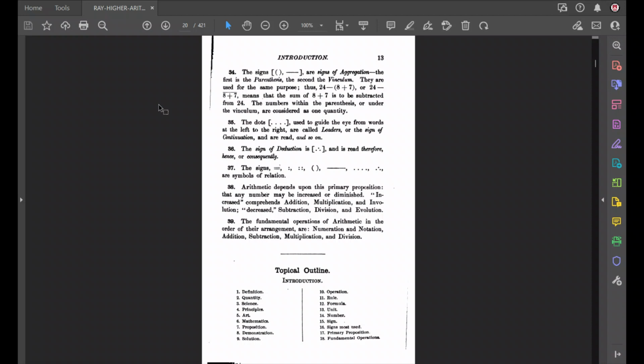Look at the two answers. This one, we treated as a separate quantity inside the parentheses. The answer was 9. This one, we ignored the parentheses and got the wrong answer. Because the parentheses shows us that this together is one quantity. We're not subtracting 8 and adding 7. We're subtracting 15. So you see the difference? The parenthesis changes the outcome of that expression.